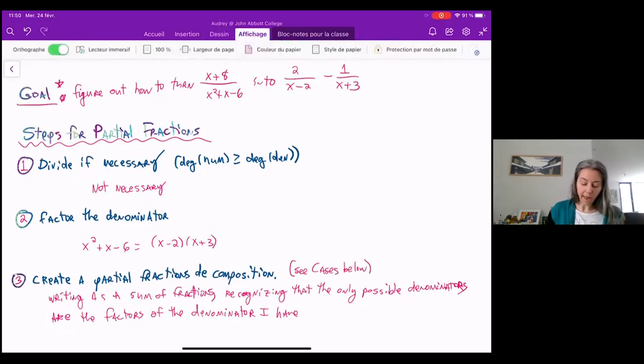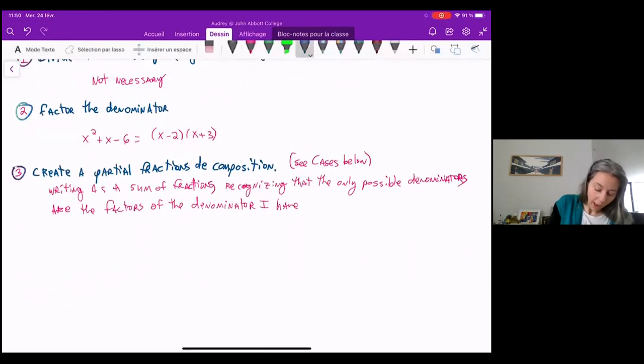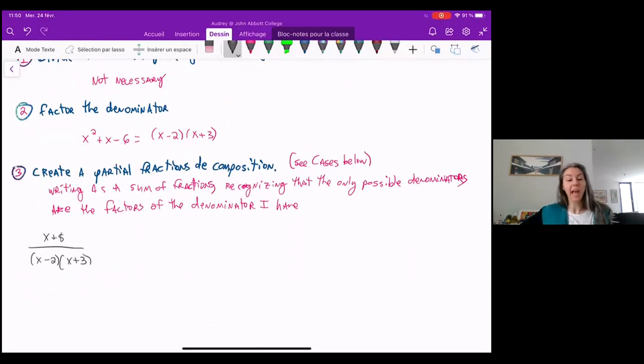Okay, so what I have here then is x plus 8 over, I already factored, x minus 2 times x plus 3. The only two factors I have in this denominator are x minus 2 and x plus 3.